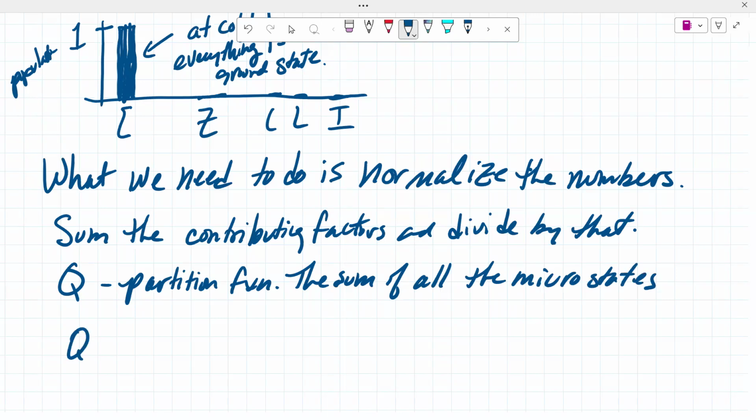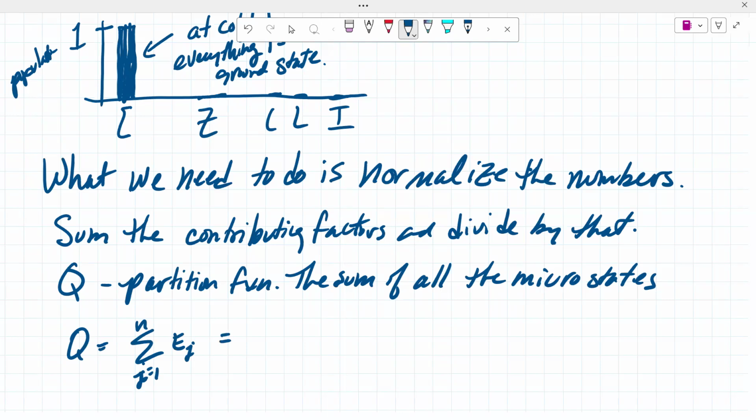In other words, Q equals the summation from j equals 1 to n microstates of E sub j. Oh yeah, it's j. Okay.